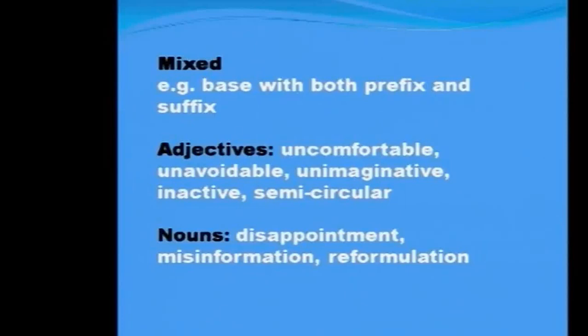Inactive, act, in and IV. Semicircular. You have nouns like disappointment. Appoint becomes dis and ment is added at the end. Miss and again shun, misinformation. Reformulation. So we have come across a number of words now.